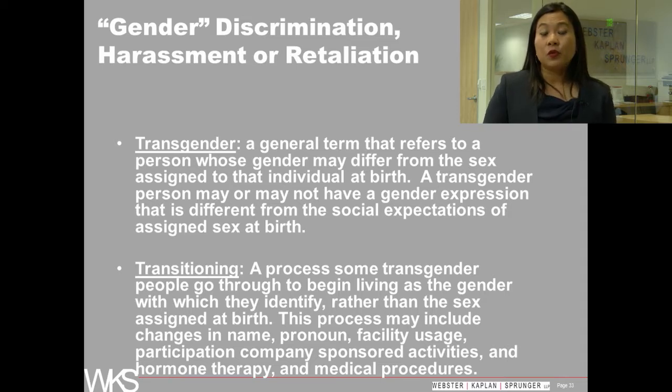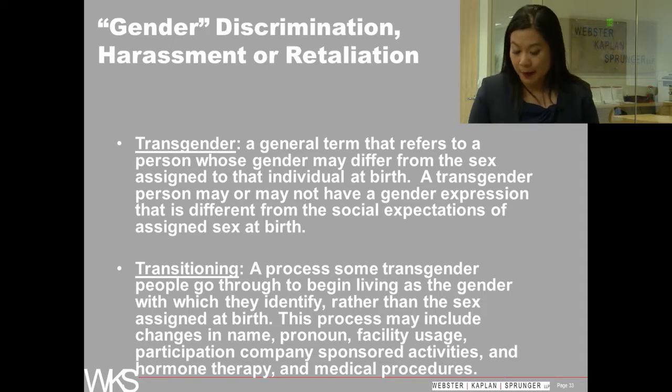Transitioning is a process that some transgender people go through to begin living as a gender which they identify with, rather than the sex that they were assigned at birth. So think about one of the most high-profile transgender individuals who have transitioned, who would be Bruce Jenner, who transitioned to Caitlyn Jenner. I'm going to take a quick pause for a second and get another question from our audience member.